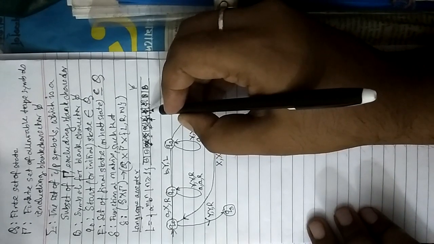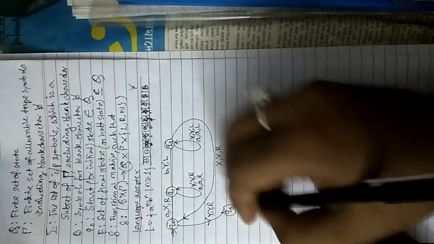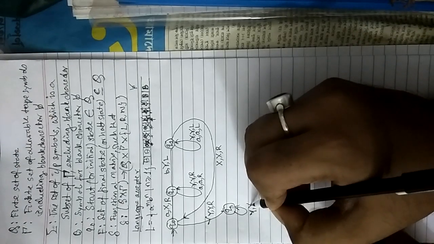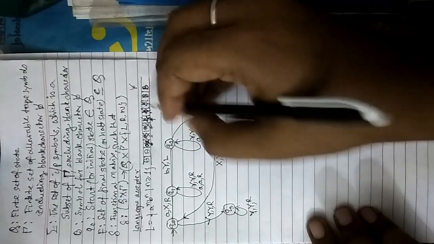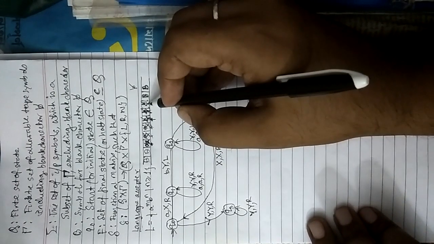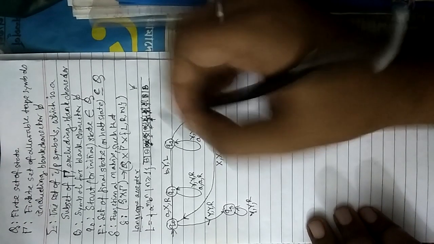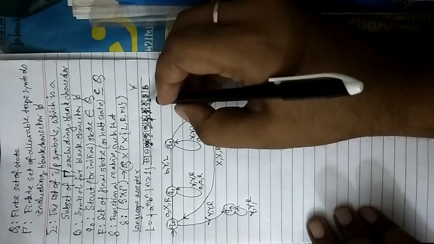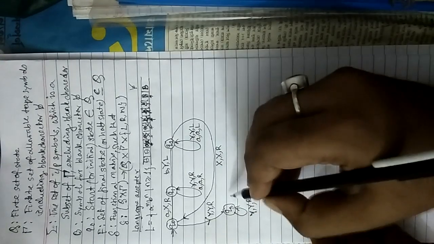Now again you are reading Y, replace this Y with Y and move towards right. Again you are reading this, replace Y with Y, move towards right, and you have reached here. It is a blank.